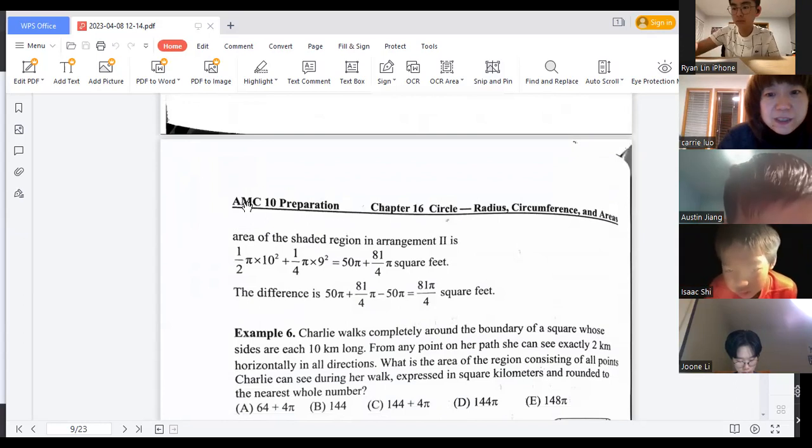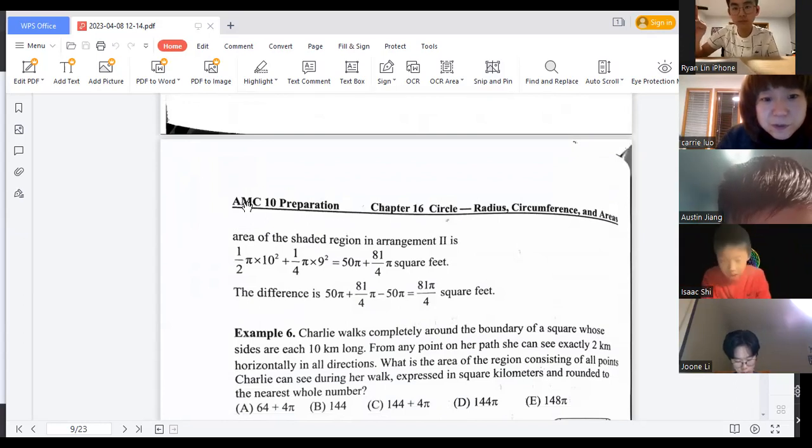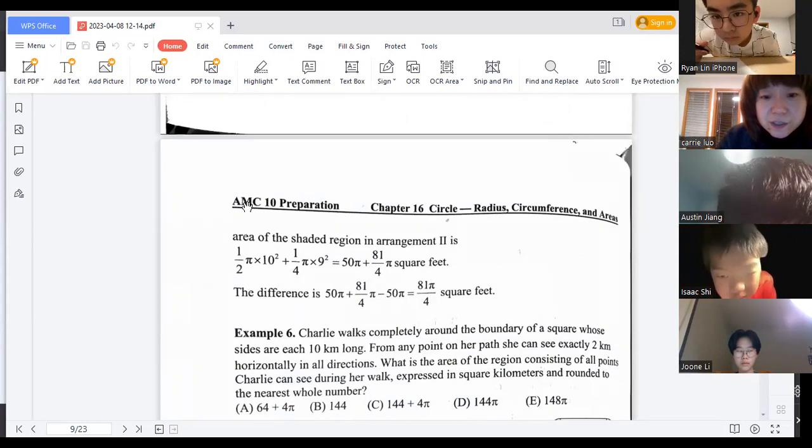Charlie walks completely around the boundary of a square whose sides are each 10 kilometers long. From any point on her path, she can see exactly 2 kilometers horizontally in all directions.